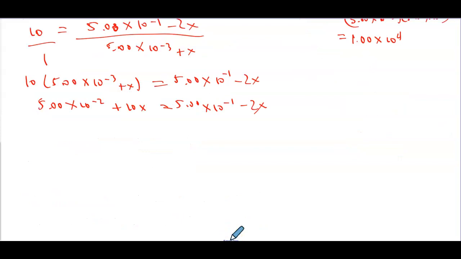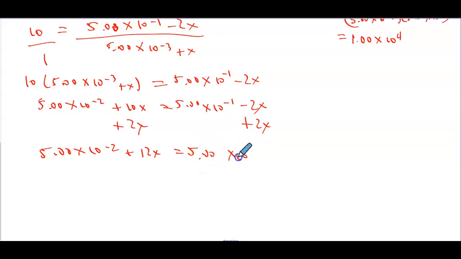Combine like terms, so I'm going to add 2x to this side and 2x to this side. So then that's going to be 5.00 times 10 to the negative second plus 12x equals 5.00 times 10 to the negative first. Continuing to combine that, I'm going to subtract this from both sides. That's a minus. Let me make sure that's clear. Let's fix that.